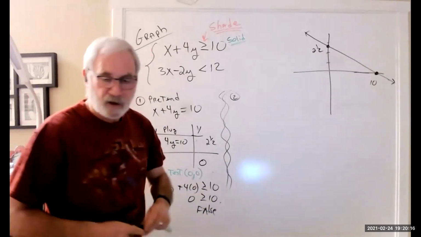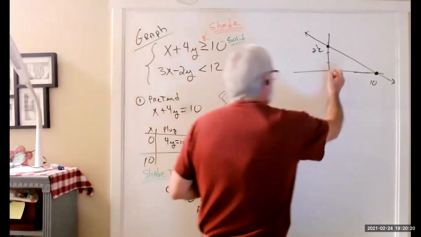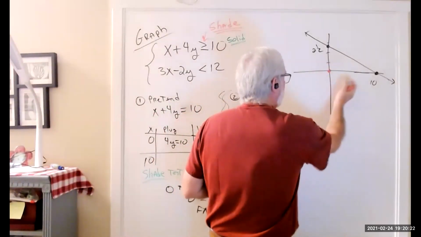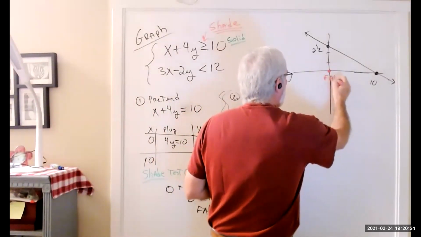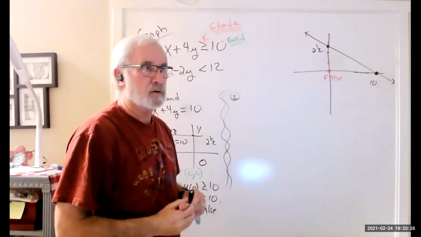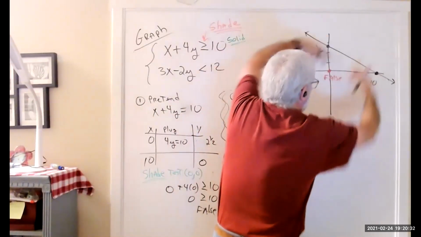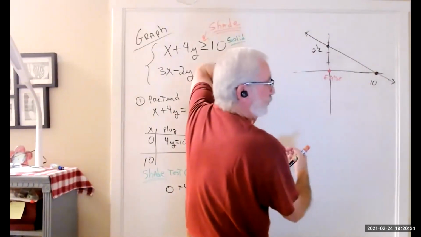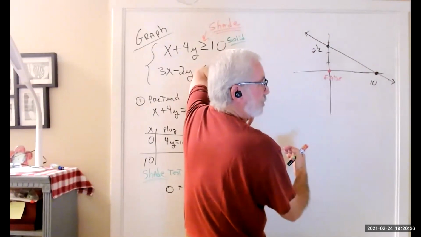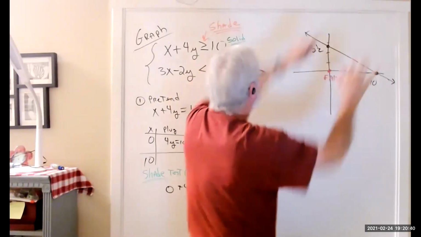Now, there was some discussion last night. Here's our test point. Our test point for the black line was false. That means everything down below this is false. So where's truth? Above it.